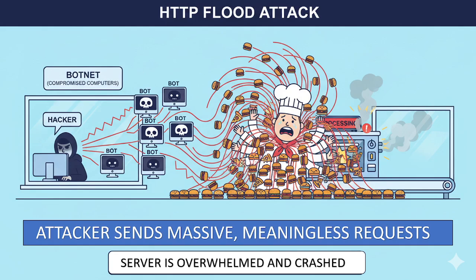Step 2. Now let's introduce the attacker. The attacker uses multiple compromised computers, or bots, to send a massive number of HTTP requests to the server. This is like a group of pranksters making endless meaningless orders to overwhelm the restaurant's kitchen.